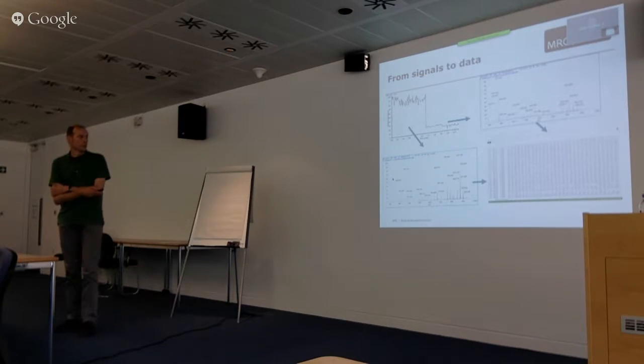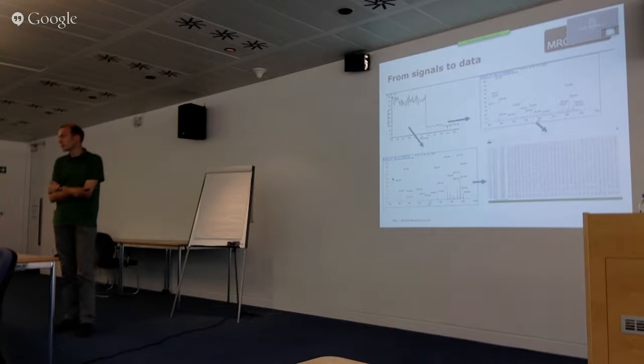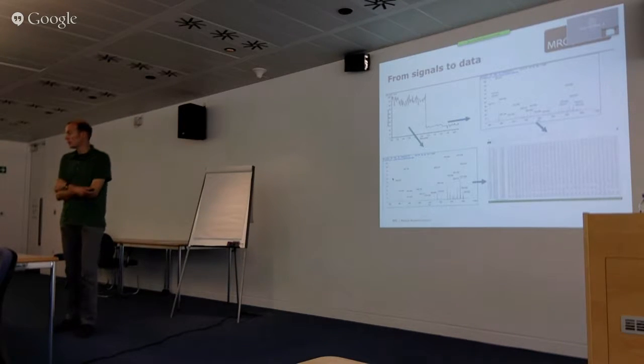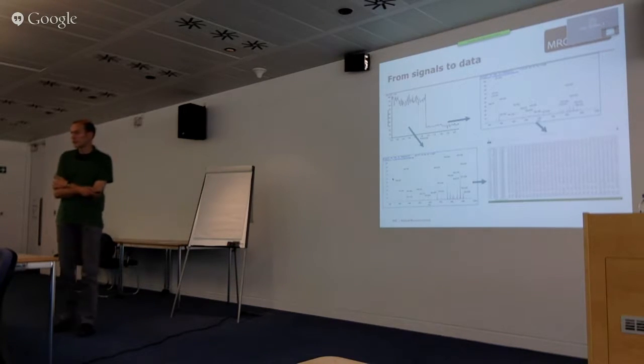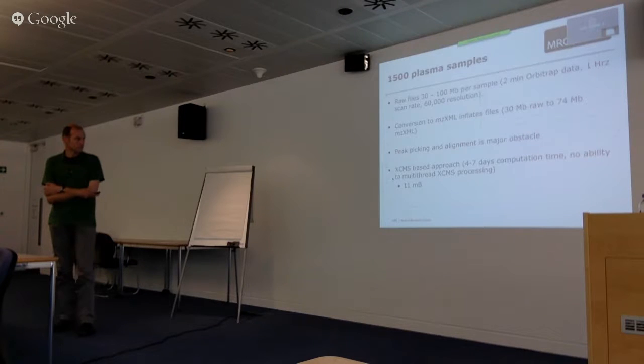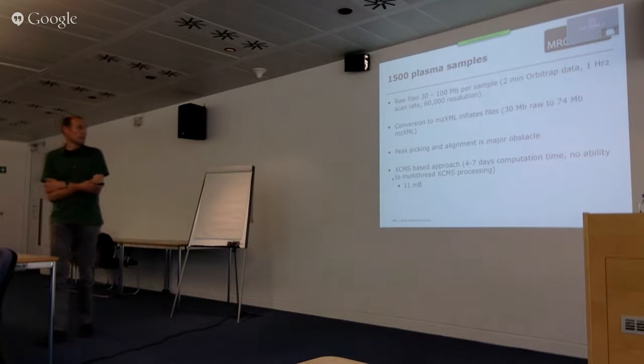But the bottleneck there is not so much data storage, but also the processing of the data, and which peaks you get out, and what algorithm to use, especially when you work on sample sets which are larger than say 2,000 or 3,000 samples. The original first big study, what we thought was big at that stage, was 1,500 samples.